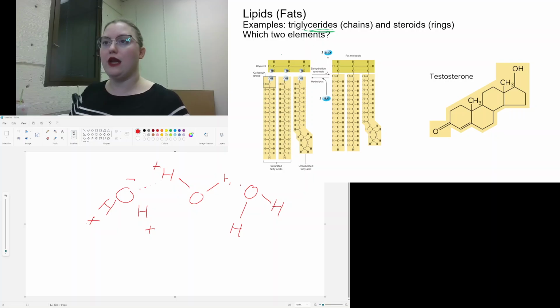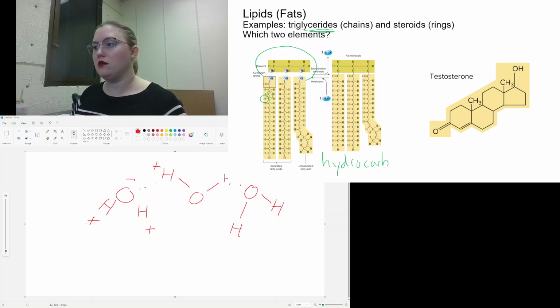So the triglyceride has this portion up here, the glycerol head of the molecule, and then it has these long tails. And these tails are made up of carbon and hydrogen, and so they are aptly named hydrocarbons. Hydrocarbon tails, right? So if you see a hydrocarbon tail, that's probably a lipid.